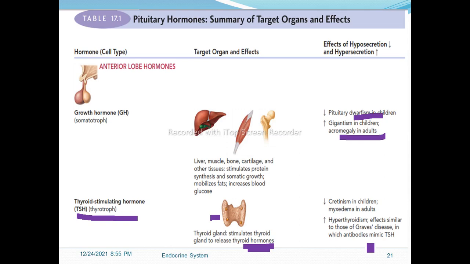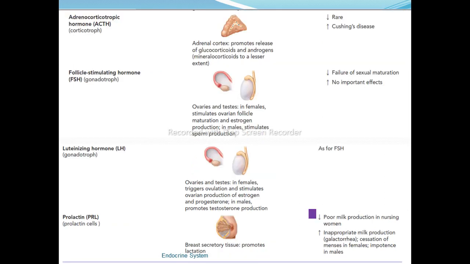So hyperthyroidism is due to excessive production of thyroid hormone. Cretinism is due to a small production of thyroid hormones.